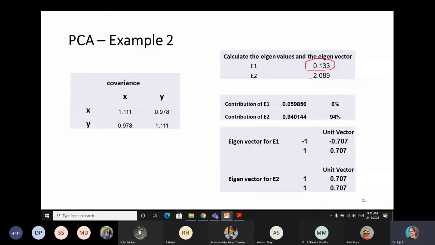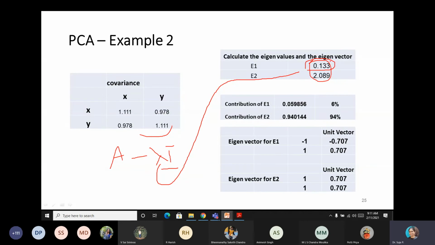And what we have to do is find the percentage, how much each is contributing. This is the eigenvalue. For these eigenvalues, once again you substitute in the A matrix. This is your A matrix. So in A minus lambda I, you found lambda 1 and lambda 2 as these values.